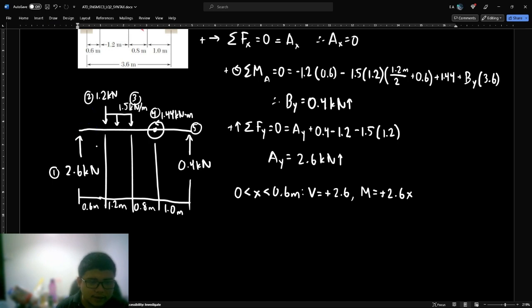Next, let's get a section that is 0.6 meters less than x less than 1.8 meters. So simply stating, this is in between 2 and 3.